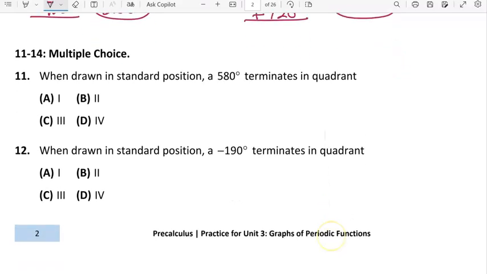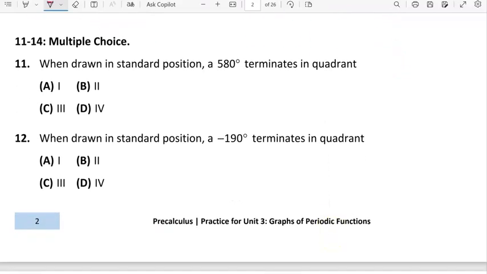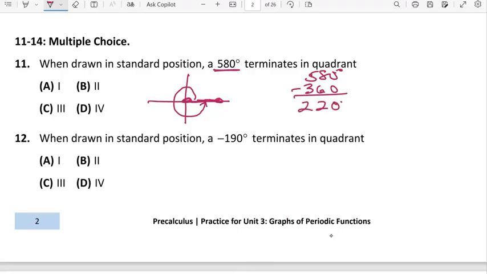In number 11 through 14, we have some multiple choice about where angles terminate. A 580 degree angle, if we sketch it, will start on the positive x-axis and rotate 360 degrees for 1 full rotation, and then we need to add to that an additional, take away 360 degrees from that, and we've got 220 degrees.